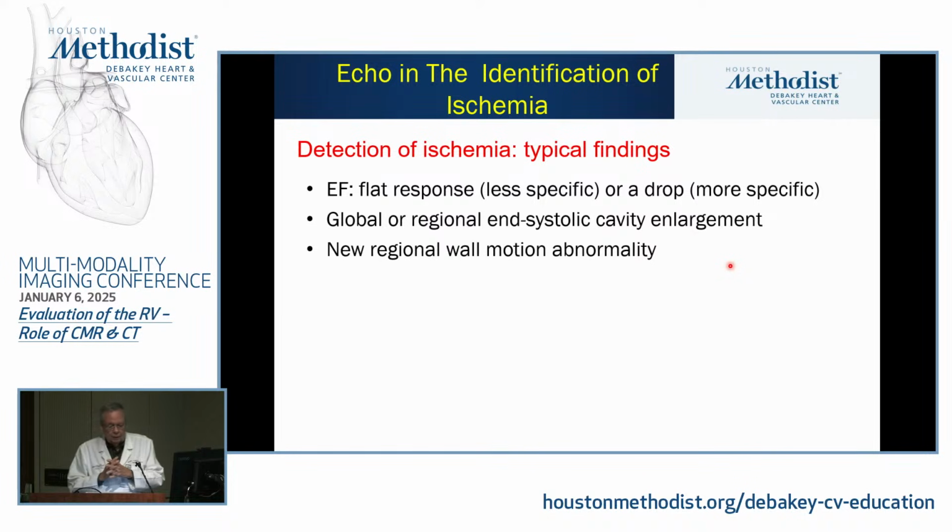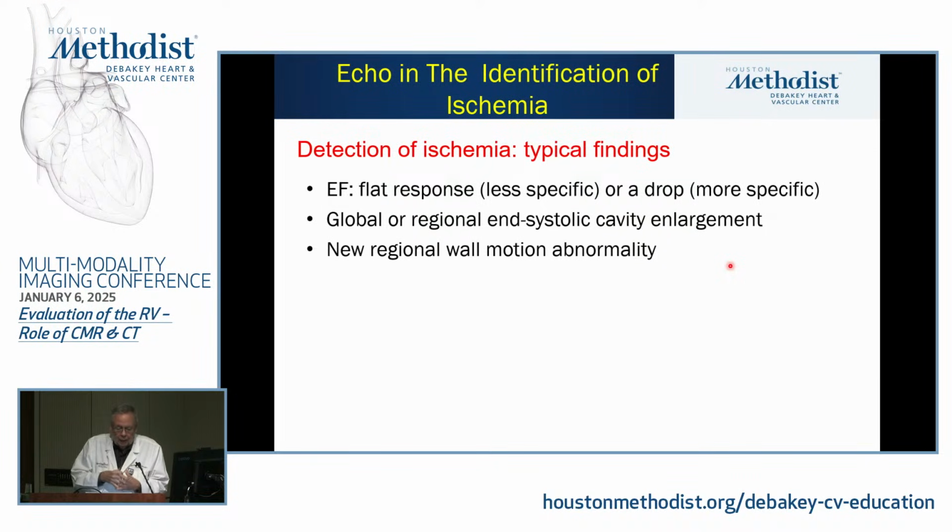So, summarizing, detection of ischemia, typical findings. The most important is a regional abnormality that we pick up usually by looking at end-systolic dilation in that region. And of course, then you start looking for the geometric distortion and so on that happens with hypo or akinesis. EF should go up.